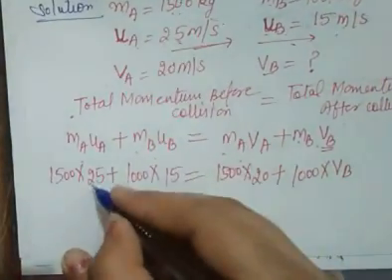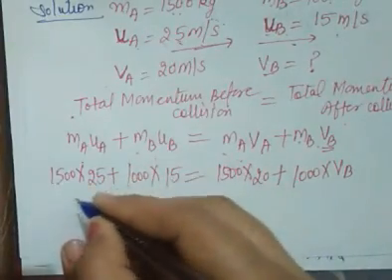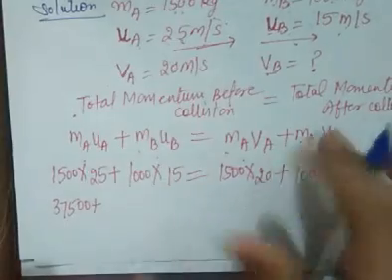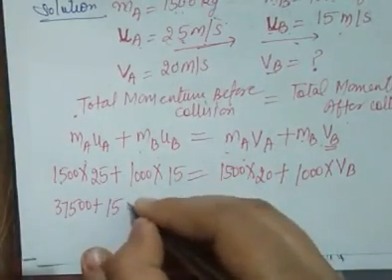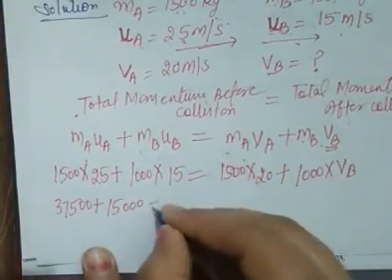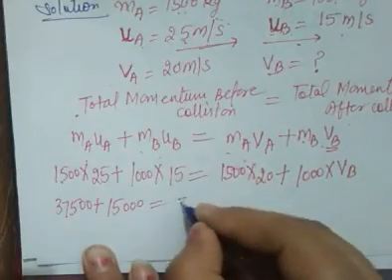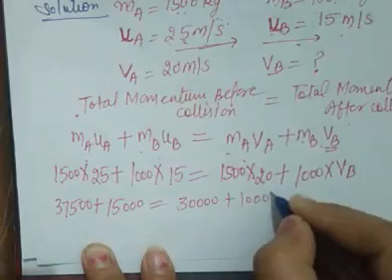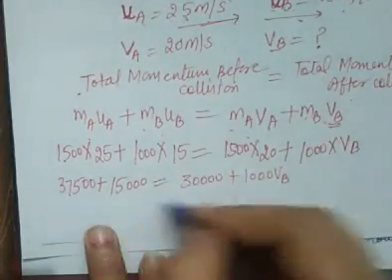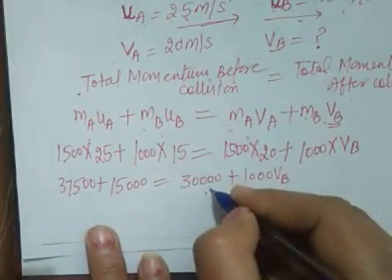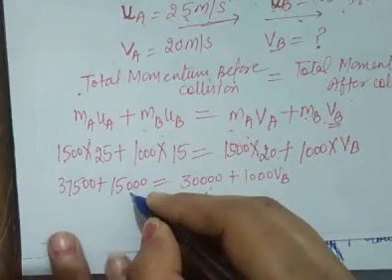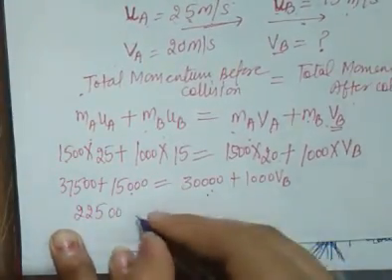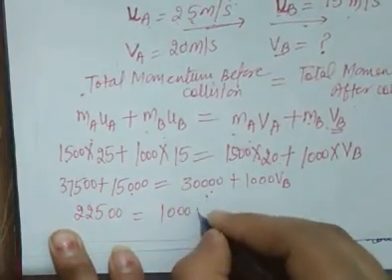Now 25 times 15 is 375, 00. You may do calculation yourself. 15,000 is equal to 30,000 plus 1000 vb. Now taking 30,000 towards left hand side and subtracting, you will get the result 22500 is equal to 1000 vb.